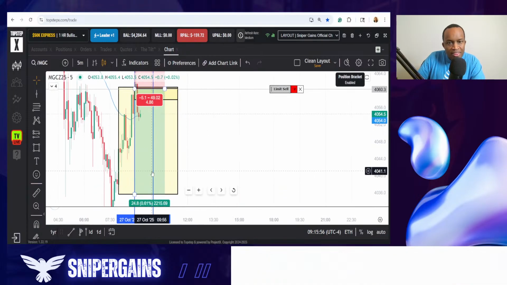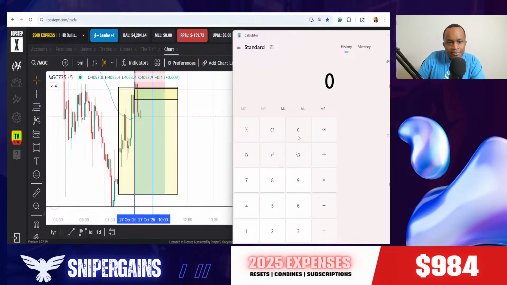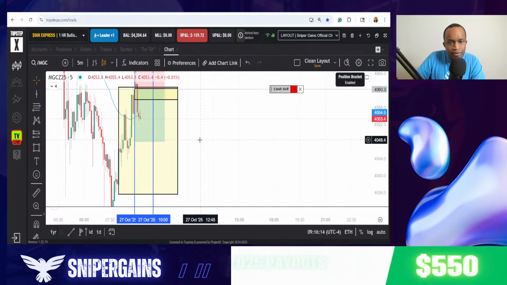Now, there is one thing that does concern me a little bit, and it is this. 4.86, divide that by 2. That's a 2.43. So 2.43, right about there.